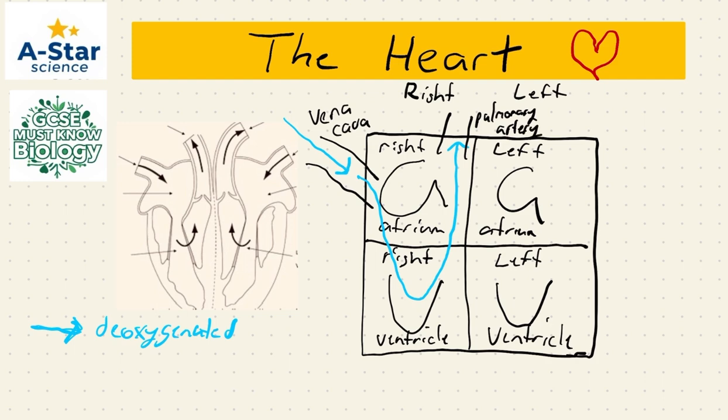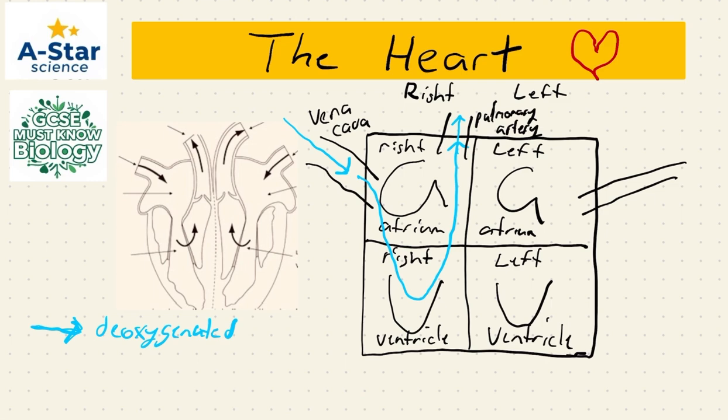Arteries go away from the heart. And by coincidence, this artery is the only artery that carries deoxygenated blood. This deoxygenated blood leaves through the pulmonary artery, and as we said, pulmonary refers to the lungs. So the blood travels to the lungs and comes back into the heart.